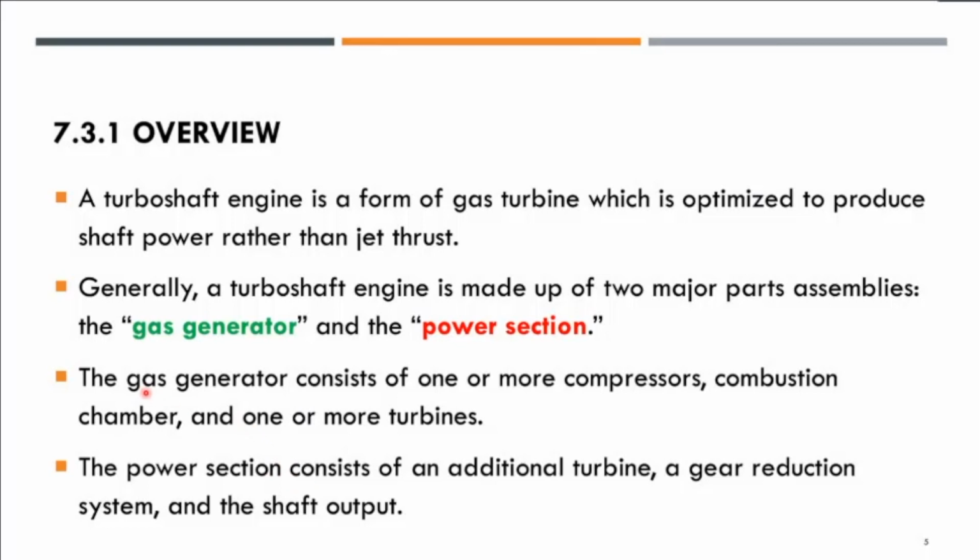Compared to a normal jet engine, you have only the gas generator, because the gas generator will produce the thrust. But the turboshaft engine has another very important section, which is the power section, and this in turn produces shaft power.